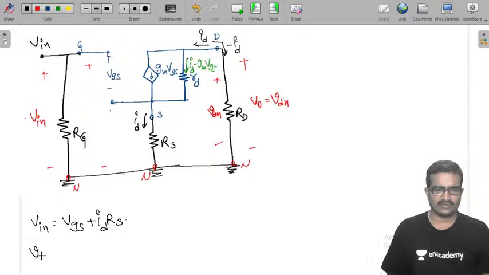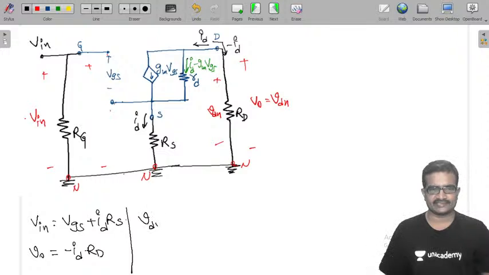Therefore, output voltage is minus ID into capital RD. At the same time, VDN is ID minus gm VGS into small rd plus ID into RS.